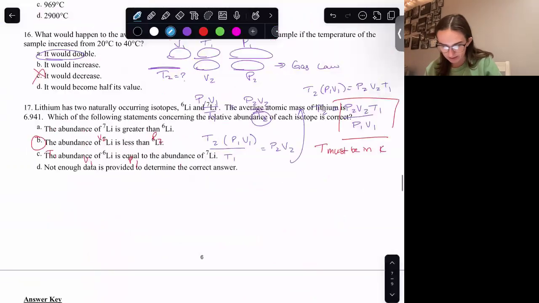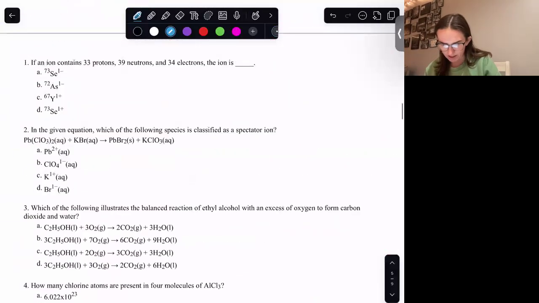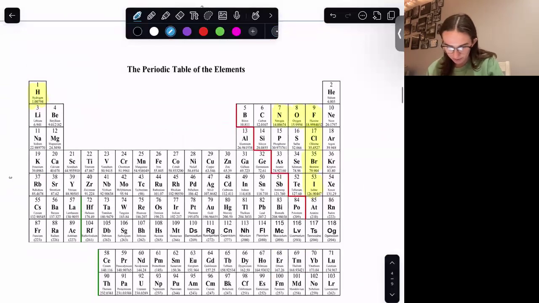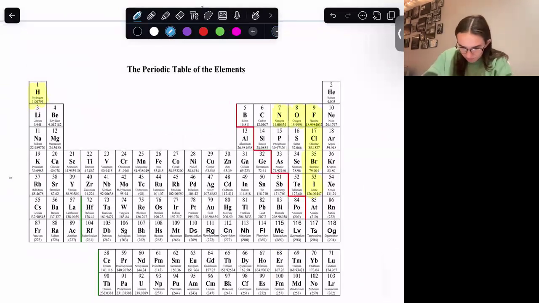So for the strong bases, I figured out a way. The strong bases are these guys right here. So you go 1, 2, 3 over, down 1, 2, 3. You just have to put an OH next to them.